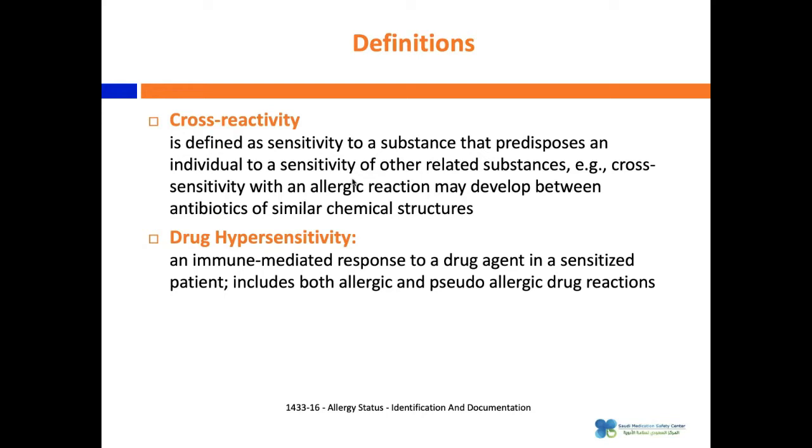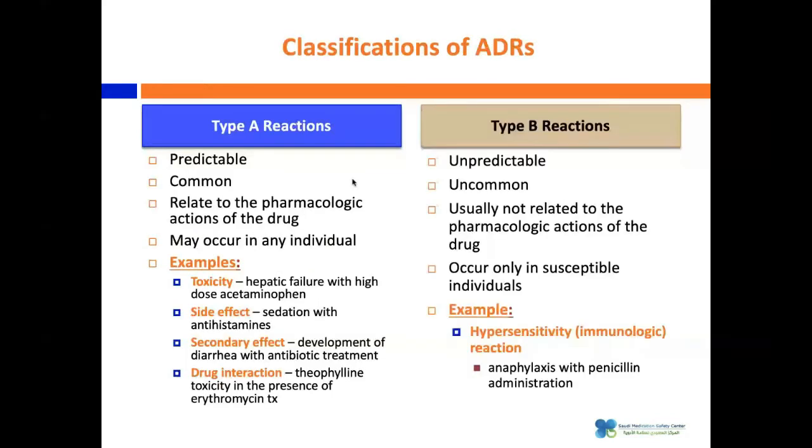Okay, drug hypersensitivity is an immune-mediated response to a drug agent. It could be true allergy or pseudo allergy. Now let's go to the classification of ADRs. We have two classes, type A reaction and type B reaction. Type A is predictable, common, and related to the pharmacological action of the drug. For example, if I give any one of you an antihistamine, what will happen? You will have drowsiness, okay? So this is related to the pharmacological action of the drug.